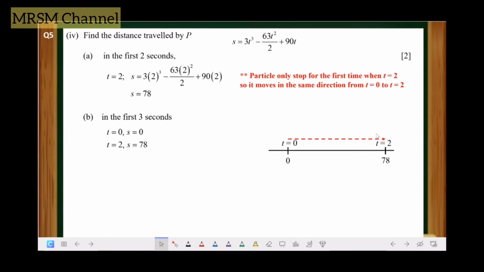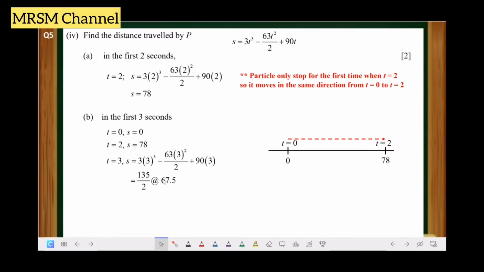Okay, so turn the direction until 3 because we want to find the first 3 seconds. Alright, so we find where is the particle when T is equal to 3. So you substitute into S. Substitute T is equal to 3 and then you will get S is equal to 67.5.